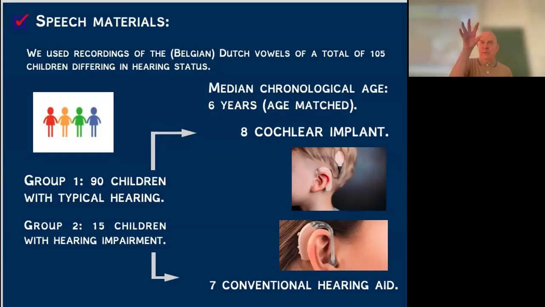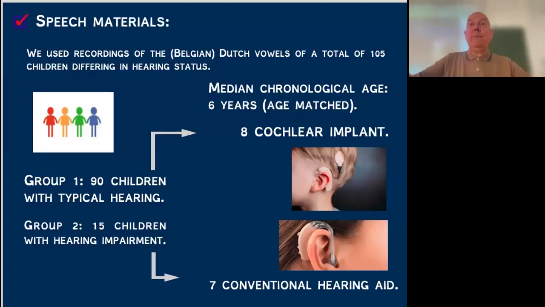But those children were carefully age matched to two groups of children with hearing impairment. So we have 8 children with a cochlear implant and 7 with a conventional hearing aid. And they were not only carefully age matched, but also very well matched in terms of regional affiliation. So they were speakers of Flemish Dutch, all the children.